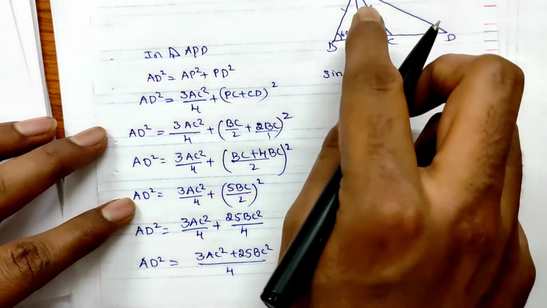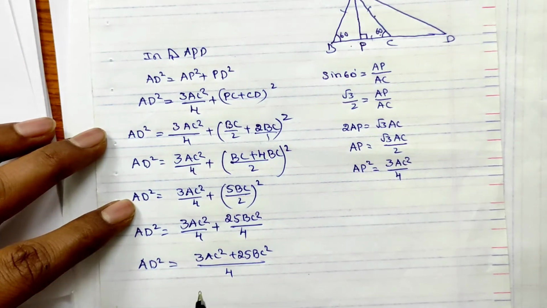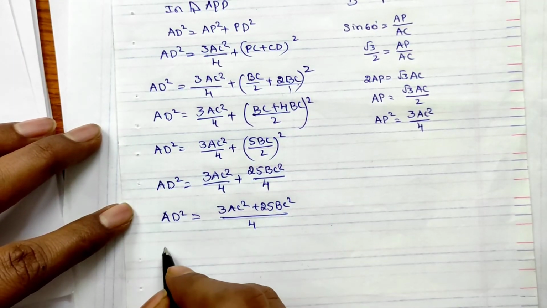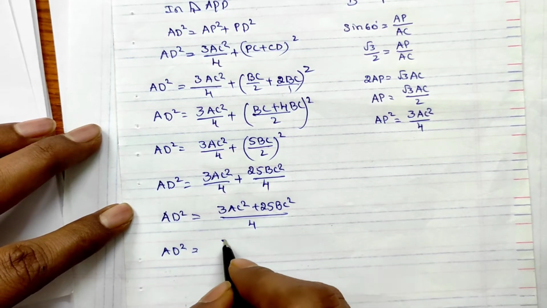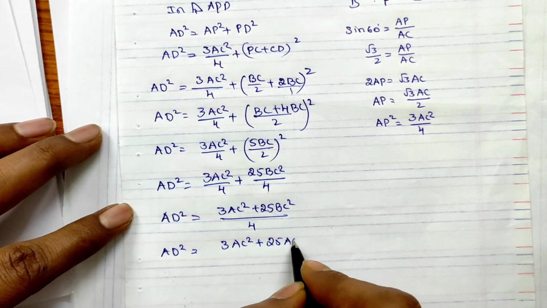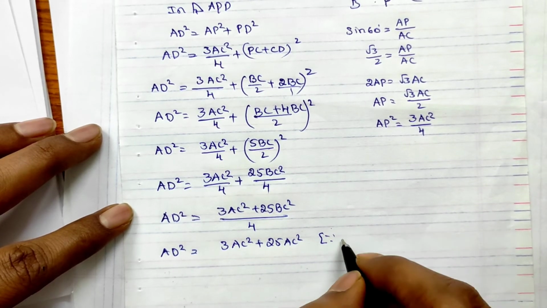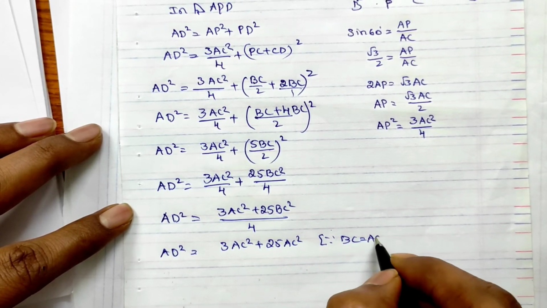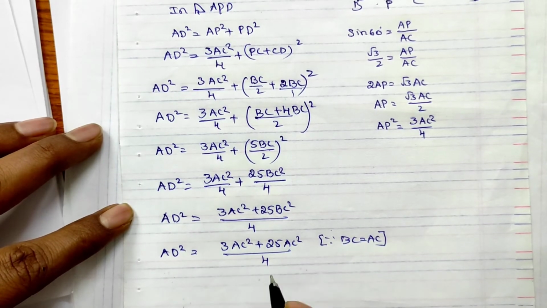BC and AC are equal because ABC is an equilateral triangle. So therefore instead of BC we can write AC. AD square is equal to 3AC square plus 25AC square, because BC is equal to AC, whole divided by 4.